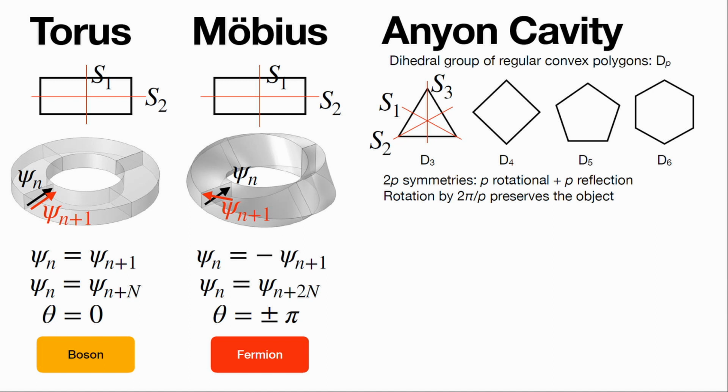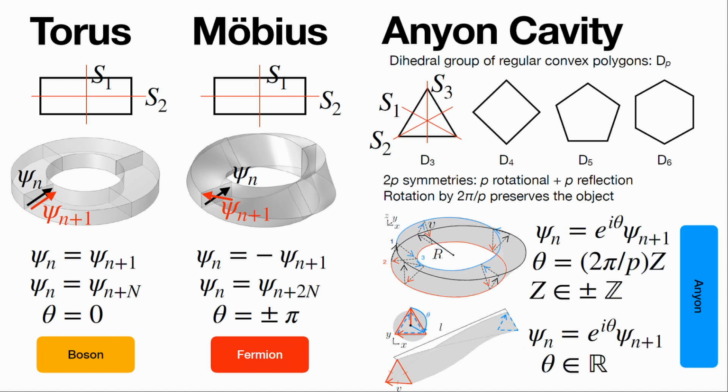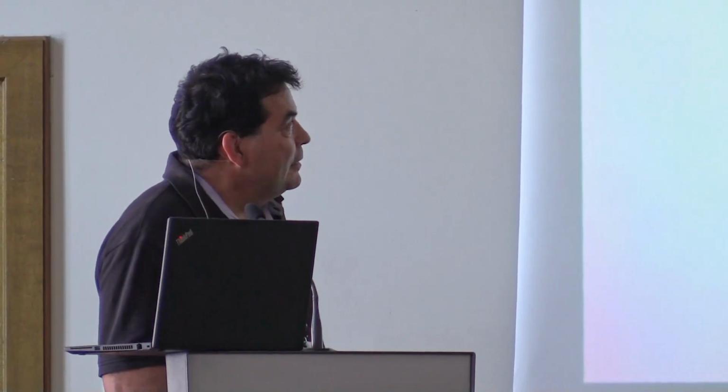So that's two symmetries, P rotational and P reflection, and rotation by 2π/P preserves the object. The simplest one to do is the equilateral triangle, and so we do that, and when it goes back on itself, we have this relationship. So here we are.